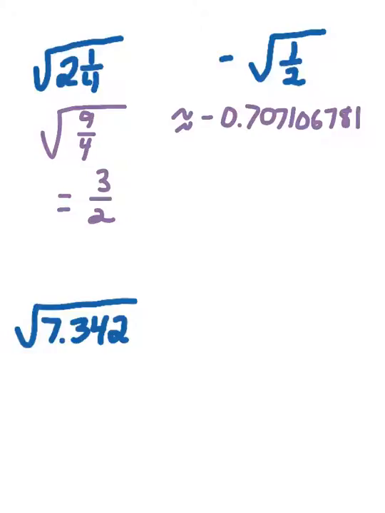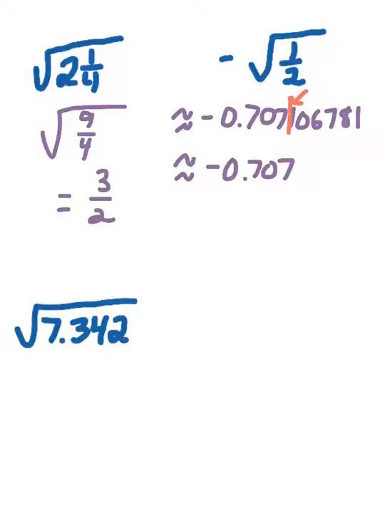We know a decimal pattern that doesn't repeat or terminate goes from there, but if we want to round to the third decimal place, we're looking at that 1 right there, and since that's a 1, it's not 5 or greater, we'll leave that alone. So the approximate square root of 1/2 is negative 0.707.